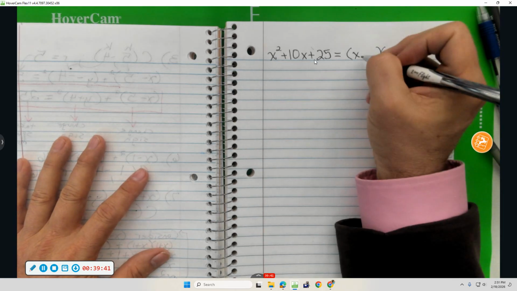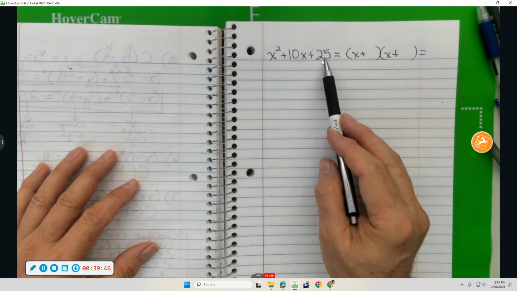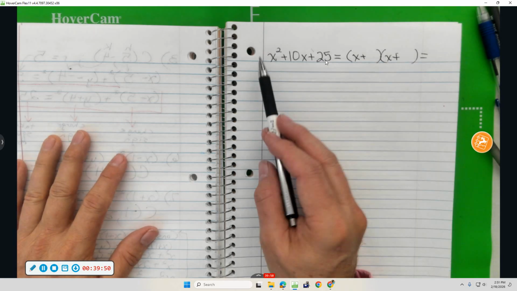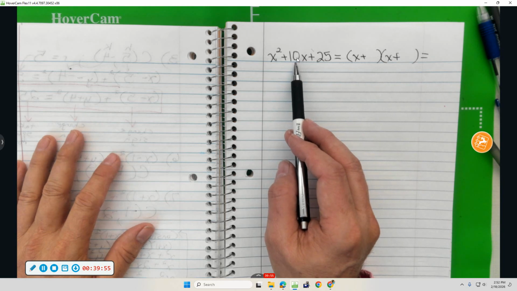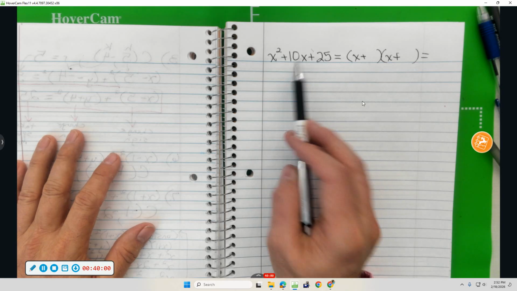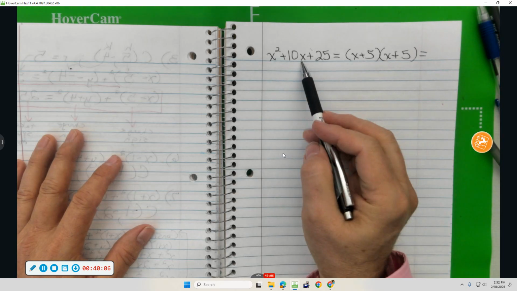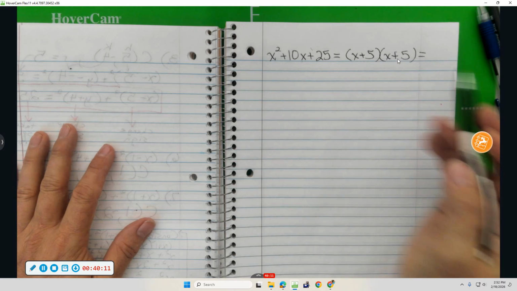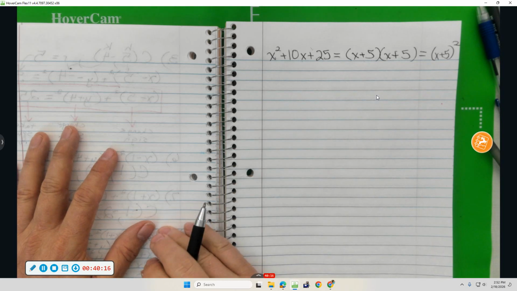The second sign is plus, so 2 of the first sign, positive. And for 25, it's either 1 times 25 or 5 times 5. Remember, in a simple trinomial, the pair you choose has to add up to give you 10. So 5 times 5. A perfect square trinomial factors as a binomial times itself. So we could rewrite that as x plus 5 quantity squared.